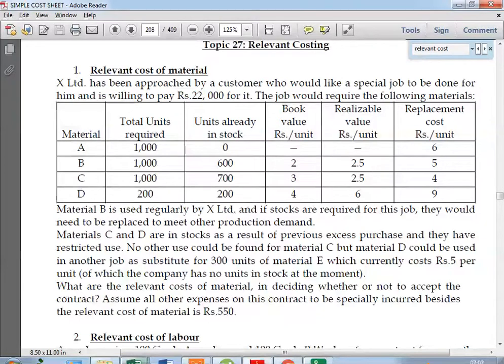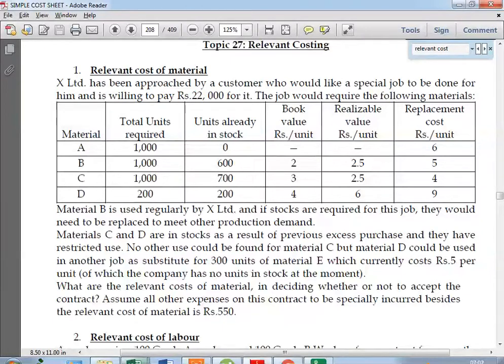For the out of stock portion, in bracket 300 units, the relevant cost is the replacement cost. In bracket rupees 1200 equal to 300 into 4.